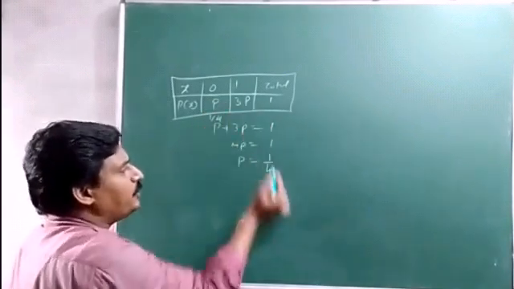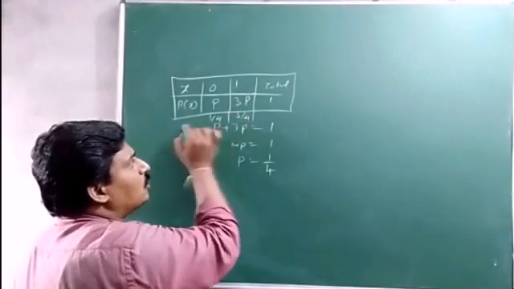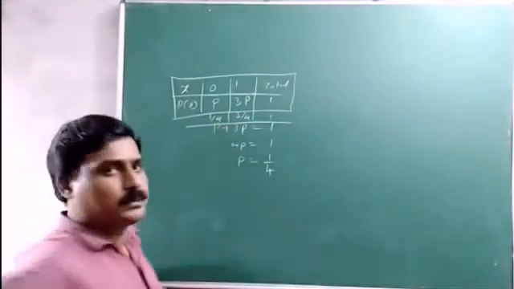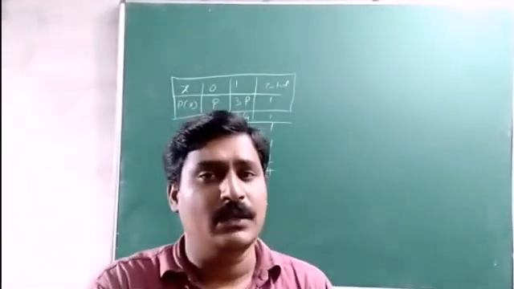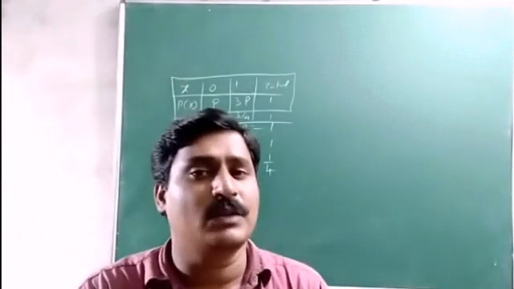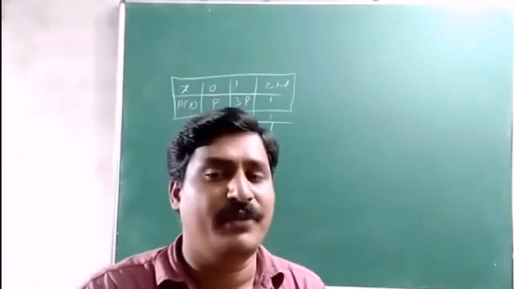Then 3 into p, that is 1 by 4 into 3, is 3 by 4. So the total is equal to 1 again. The probability associated with 0 is 1 by 4 and the probability associated with 1 is 3 by 4.